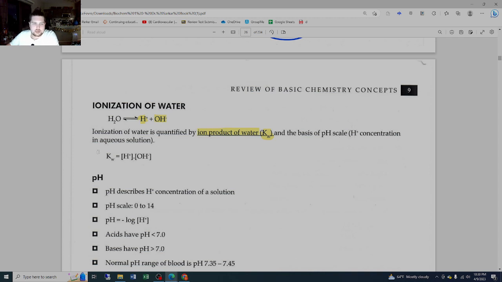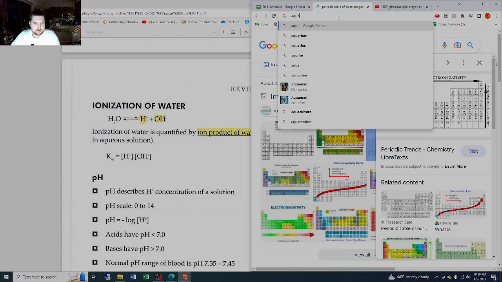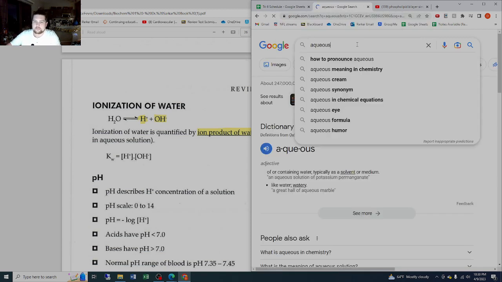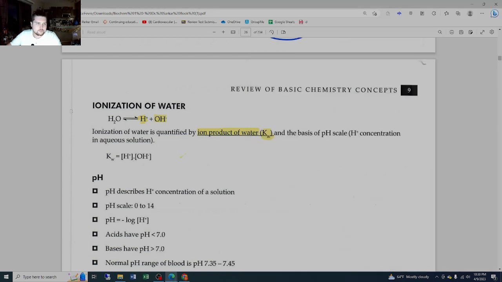H plus concentration in an aqueous solution. Now, remember, aqueous, I wanted the good definition for aqueous, because it's our first time seeing that word. Aqueous: of or containing water, typically as a solvent or medium. Bam. So it's a solution with water. Aqueous solution.